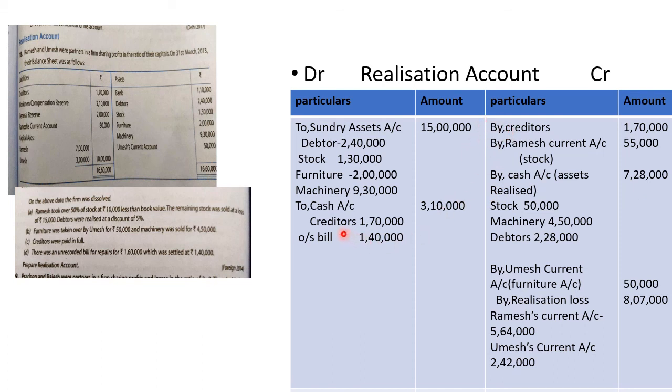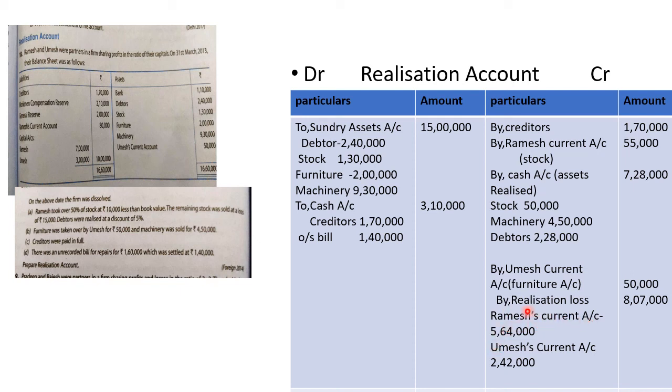Okay. Then we have to do the total of credit side. We'll do the total of debit side. If your credit is more and debit is less, it is profit. And if your debit is more and credit is less, it is loss. Here, debit is more and credit is less. That means the firm is suffering the loss, incurring the loss here. So that realization loss will be transferred to the partners' current account.